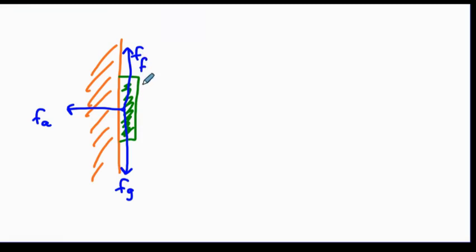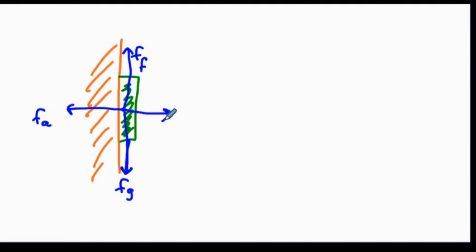The frictional force is in the opposite direction that the book is trying to move. The book wants to move down because of gravity. Why is it not moving down? Because the friction is holding it upward. It is in the opposite direction of the way the book wants to move.